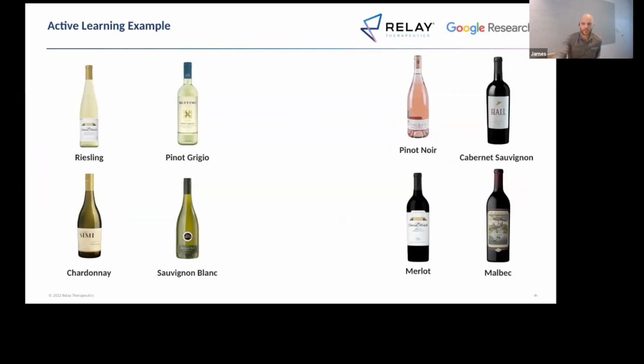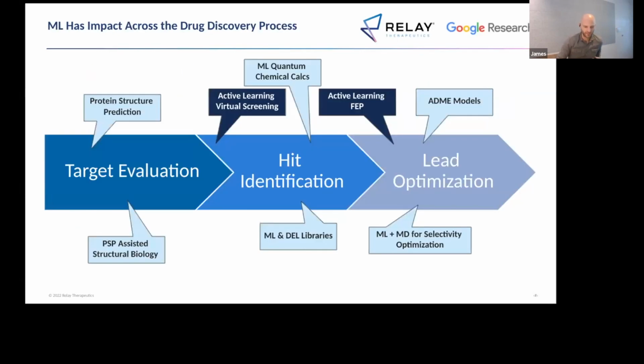Cool. So for lead optimization, we build on work that was done earlier. At this point, we have a target protein that was identified during target evaluation, and we have some molecules that we know or assume bind to that protein, at least a little bit, that we found in the hit identification stage.